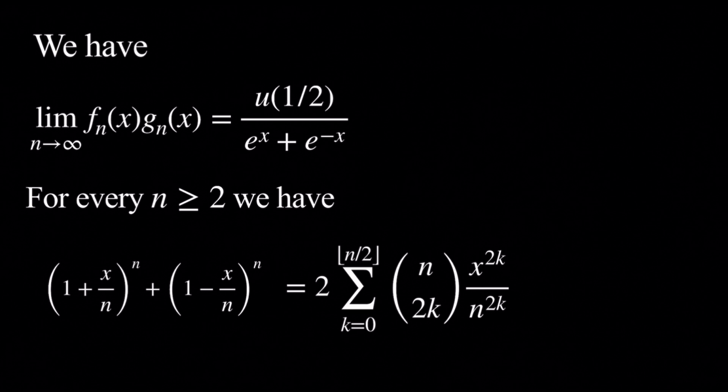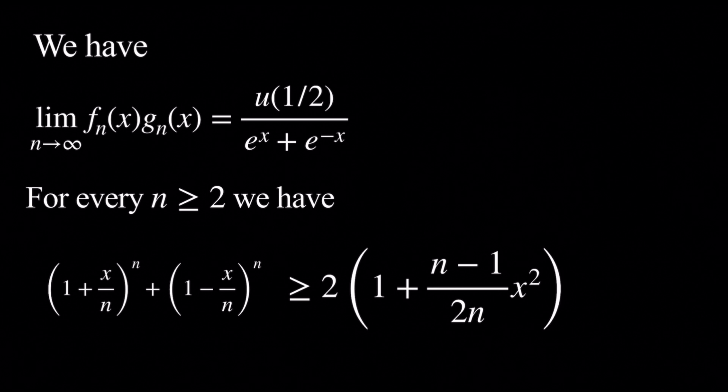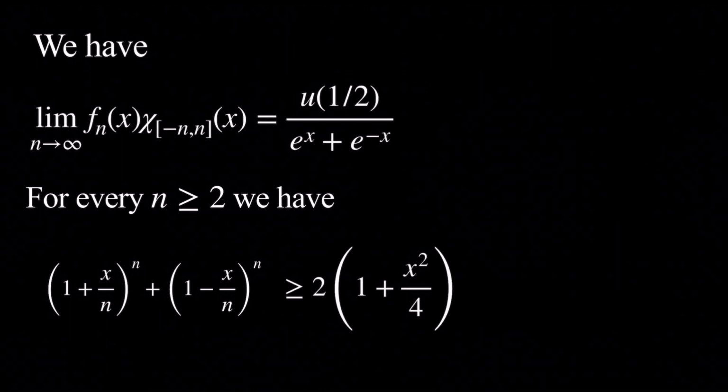Because everything is positive, as long as n is greater than or equal to 2, this sum is greater than or equal to the first two terms of the sum. So it's greater than or equal to 2 times (1 + (n - 1)/(2n) times x^2). And because (n - 1)/n is greater than or equal to 1/2 for n greater than or equal to 2, we get that the left-hand side is greater than or equal to 2 times (1 + x^2/4).